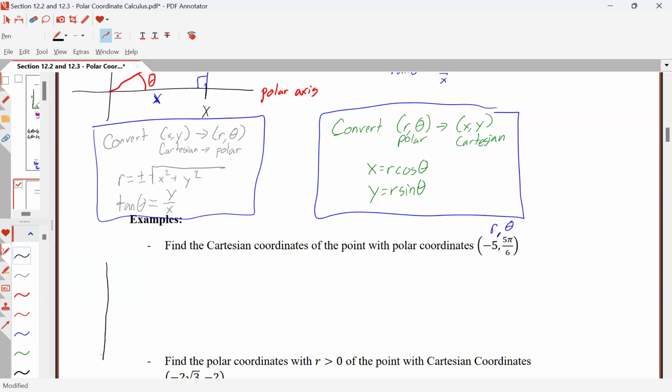Want to just briefly plot that. 5 pi over 6 angle would be here. And then the negative radius will send us to having a point approximately in that fourth quadrant where I've highlighted. That is the general area of where this point is going to be.